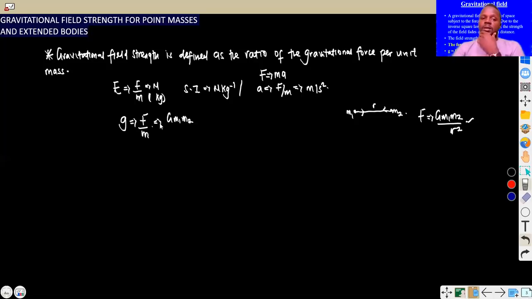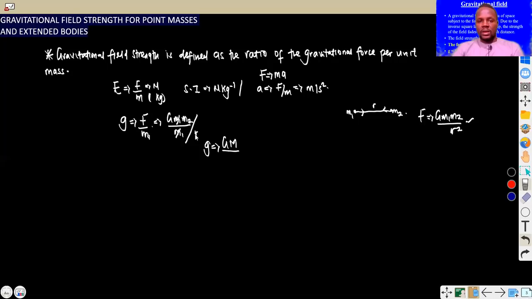Here we take M1 as one of the masses, and the other mass as M2. One of the M's gets cancelled out. So in terms of the field strength due to point masses directly, it is given as GM divided by r squared.